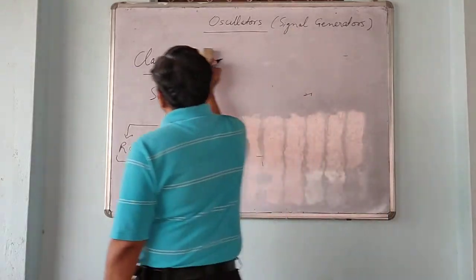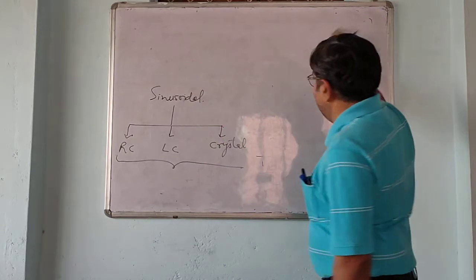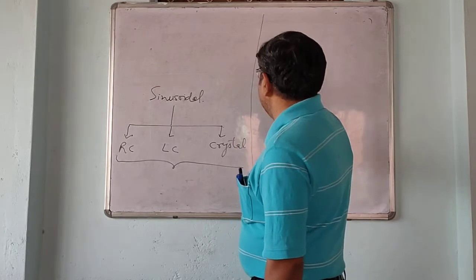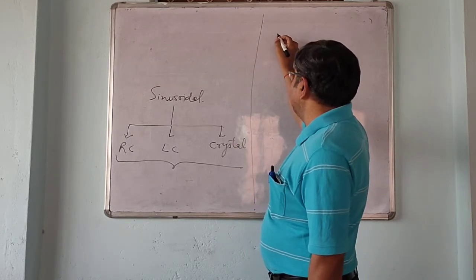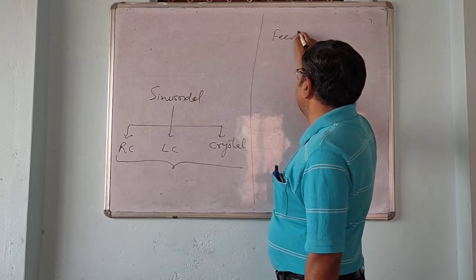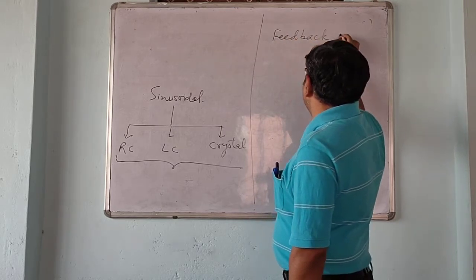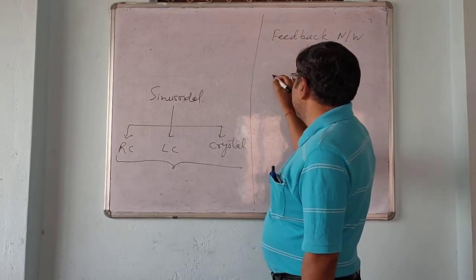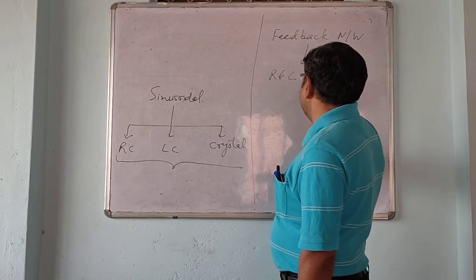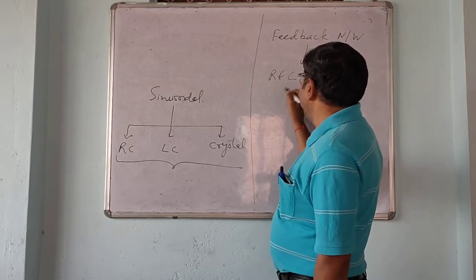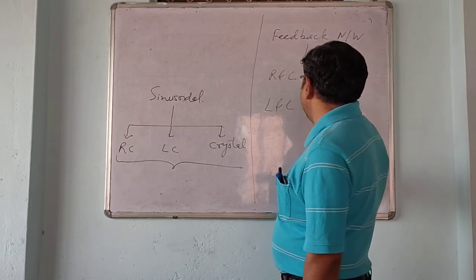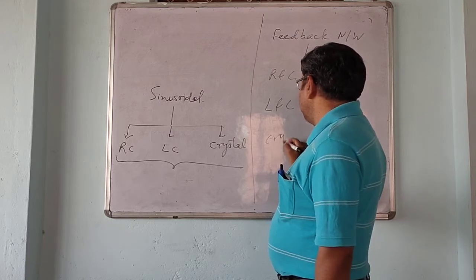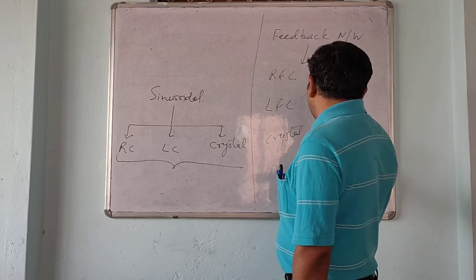This classification of sinusoidal oscillators is based on feedback network. Feedback network is a combination of R and C, then this is the RC. If feedback network is a combination of L and C, this is LC. If we are using crystal, then this is the crystal.